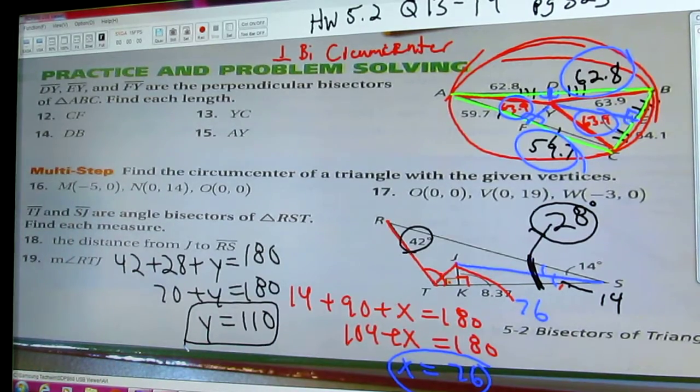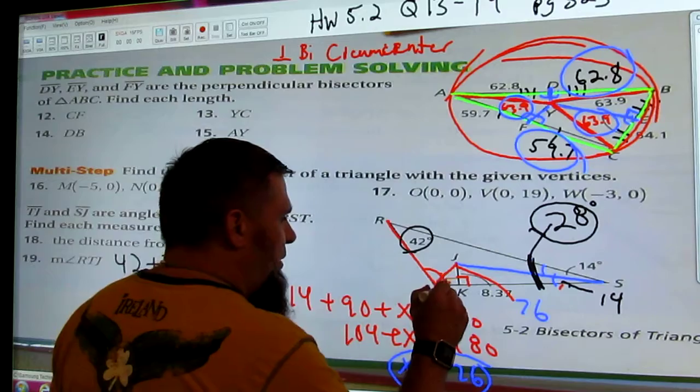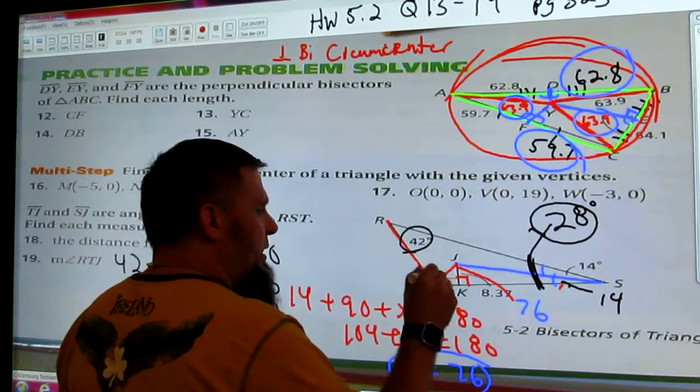That means this whole angle here is 110.